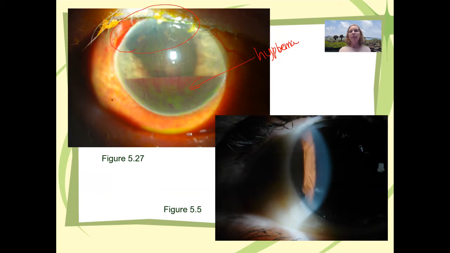They had hit their head on a table. Now that one's fairly acute. This patient also had blunt trauma, and you can see it's a smaller area here where the iris is ripped away, this black area here, where the iris is torn away from the ciliary body.